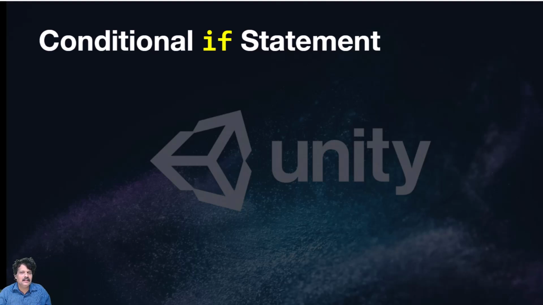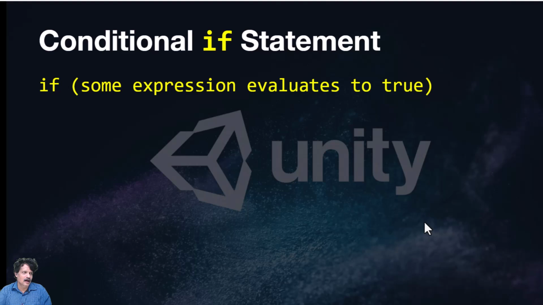The conditional if statement always starts with the keyword if. And if is followed by a parenthesis, that is, between the open and close bracket you have to put some value which can be either true or false.